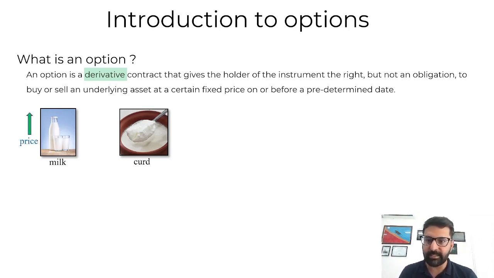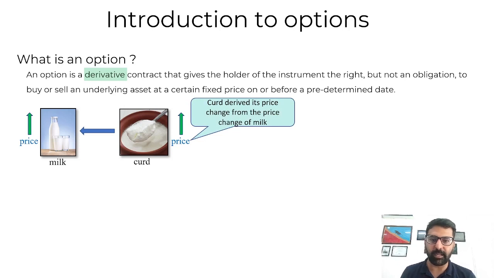So that is the relation of underlying and derivative, and they are very closely bound in certain characteristics. For example, if the price of milk goes up, the price of curd will also go up, correct? So similarly, the prices of curd are derived from, or are dependent on, the prices of milk, correct?